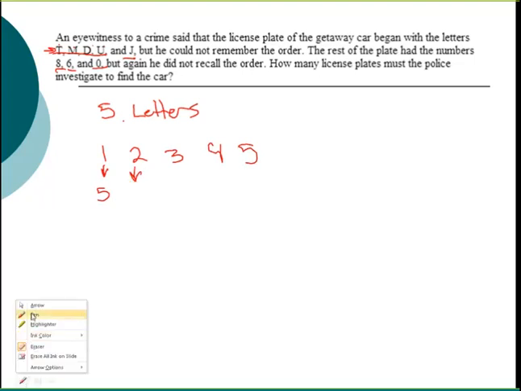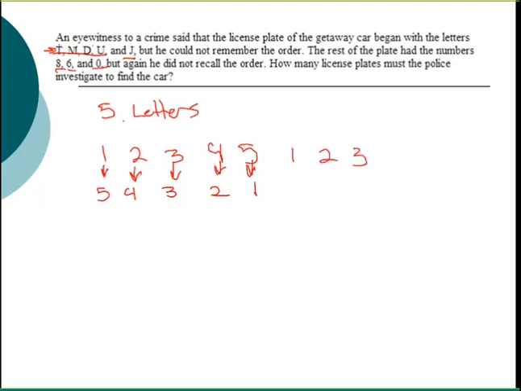In the position after that, there's only 3, 2, and then 1 different letters that we could use, because the letters do come first. And then it says the numbers 8, 6, and 0. Well, that means another 1, 2, 3 places. But in this position, we can only have 3 different numbers. In this position, there's only 2 numbers left. And in this position, there's 1 number left. So I'm circling them because they're numbers and not letters.